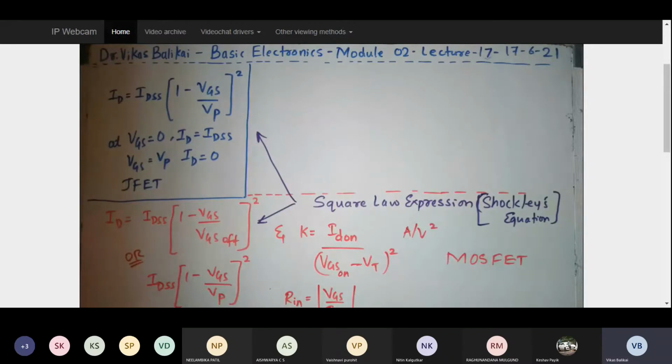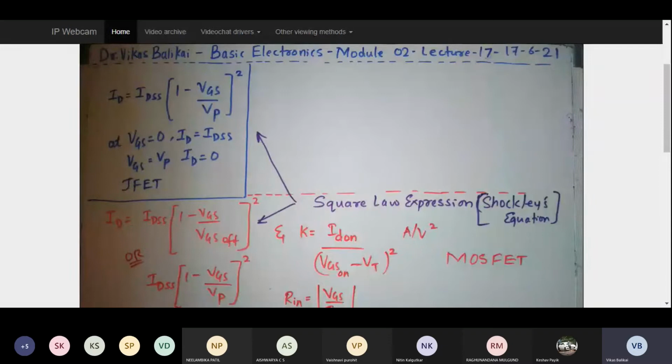Now, in the last class, we jumped into what is known as the silicon control rectifier. That was a special kind of rectifier, and then we tried to understand the phase control application of SCR. Now there was one concept which was pending, that is the square law expression, also known as Shockley's equation.